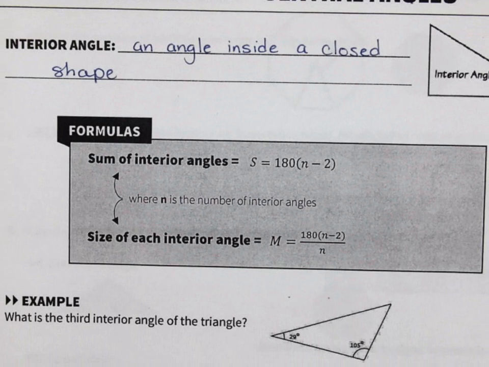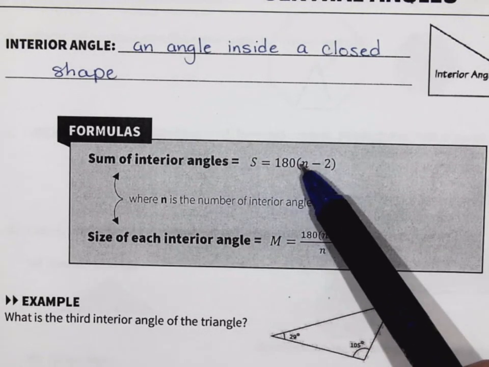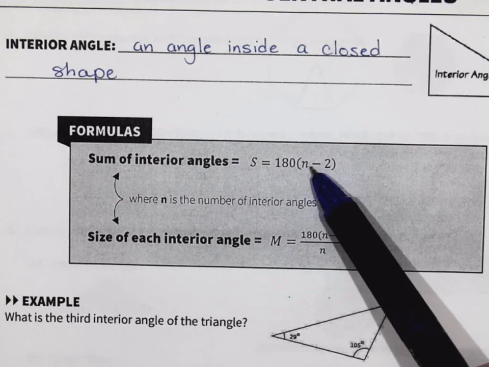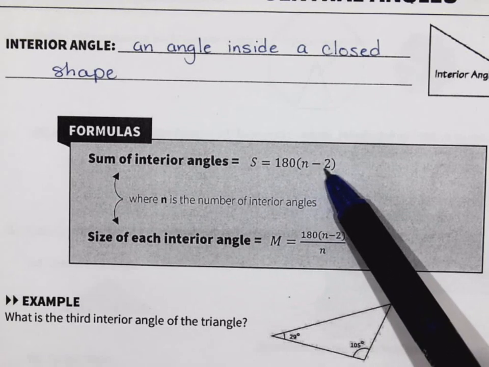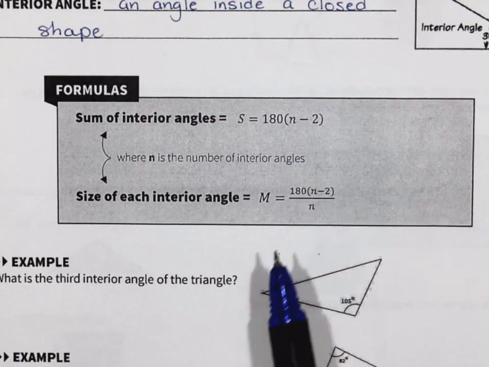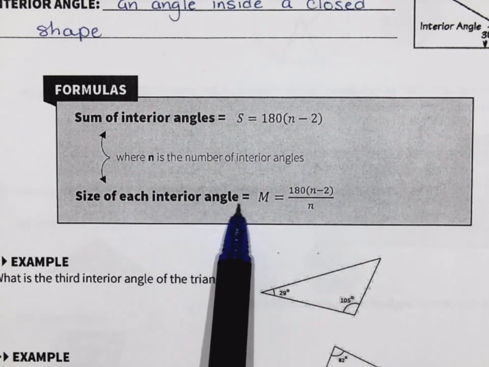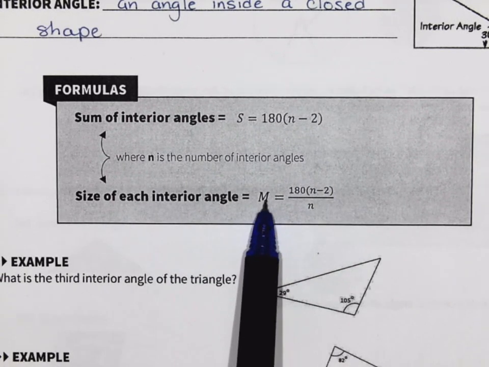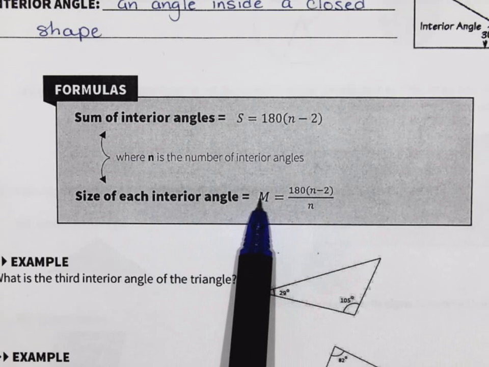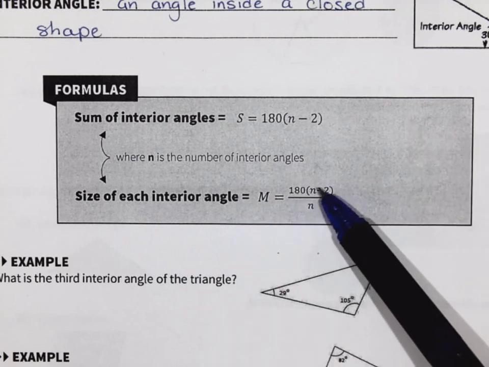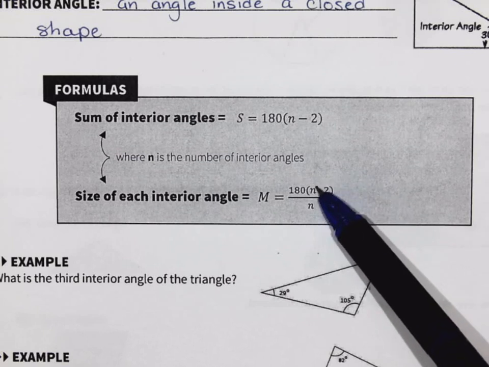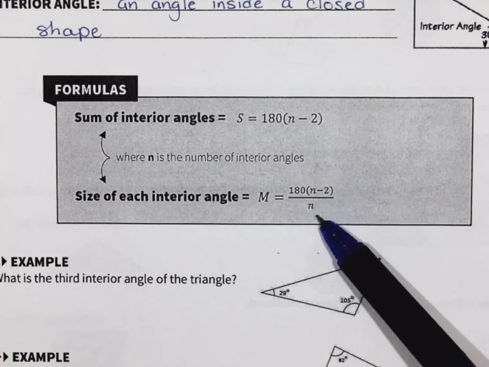If we want to find the sum of the interior angles, so what do all the angles inside add up to? The sum is equal to 180 times n minus 2, where n represents the number of sides again. And if you want to know the size of the interior angle, the measure m of the angle is 180 times n minus 2, divided by the number of sides.